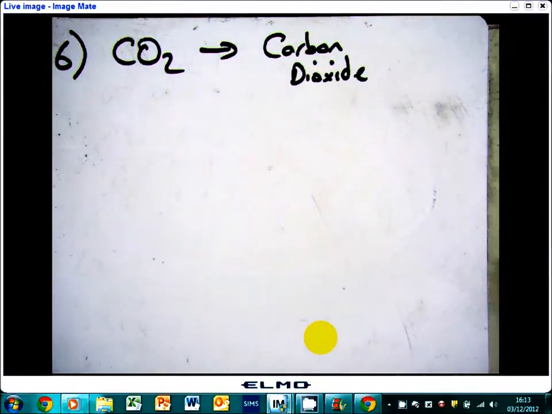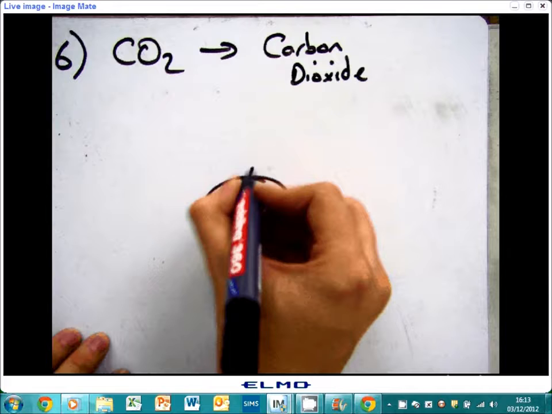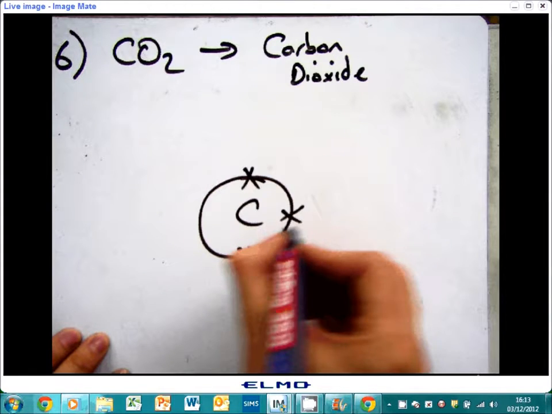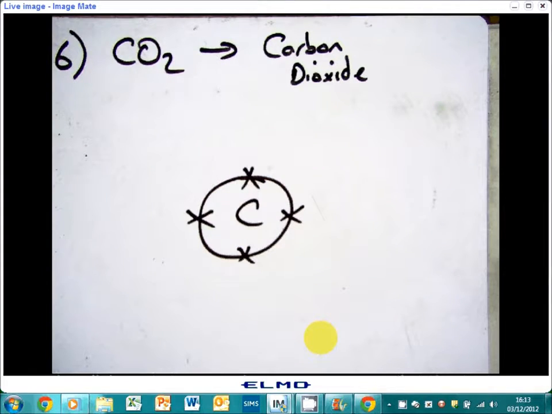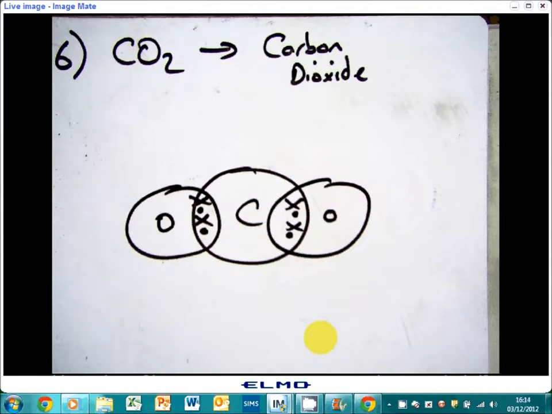Carbon dioxide is the trickiest one that you'll come across in the exam. Every carbon atom has 4 electrons in the outer shell, which you should remember from last year. It needs to gain 4. Because it's only between 2 oxygens, you know that each is going to have a double bond, so 2 shared pairs of electrons. So redraw your carbon like this. Once you've done that, you need to put in your electrons from your oxygen atom as well, like that.